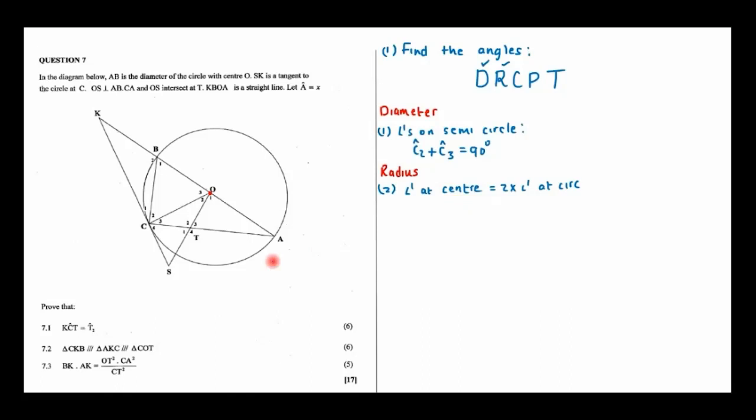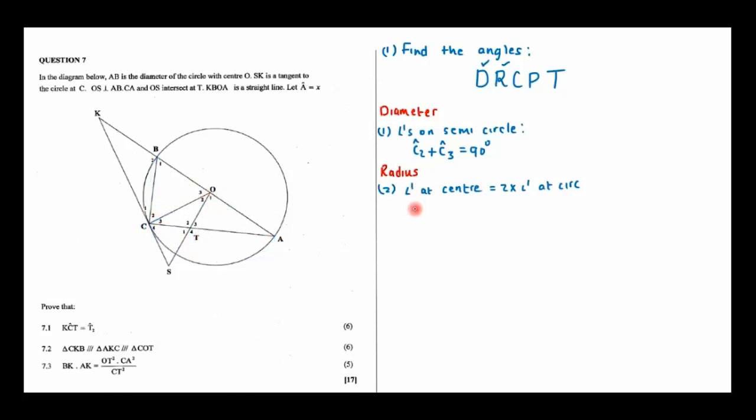How do you identify the angle at center? Angle at center is an angle that is formed by 2 radii. For example, here we can see that O1 plus O2 is an angle formed by the radii OC and OA, and that is the arc that they formed there. So the angle at center is twice the angle at the circumference, which is B1.